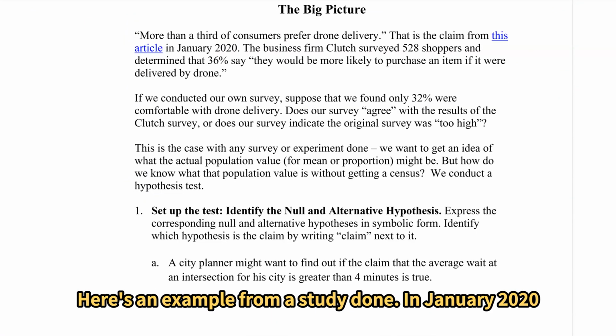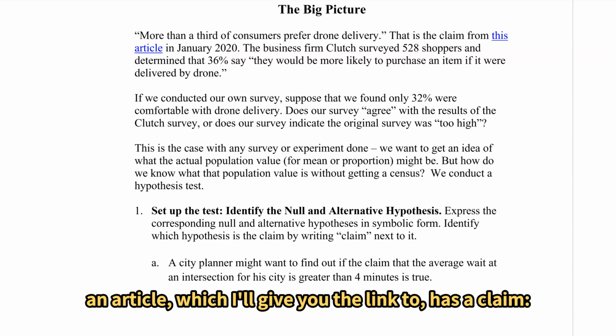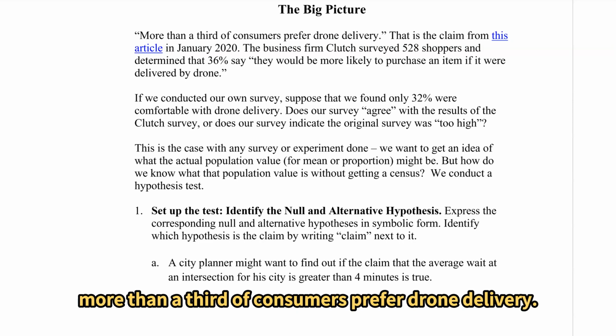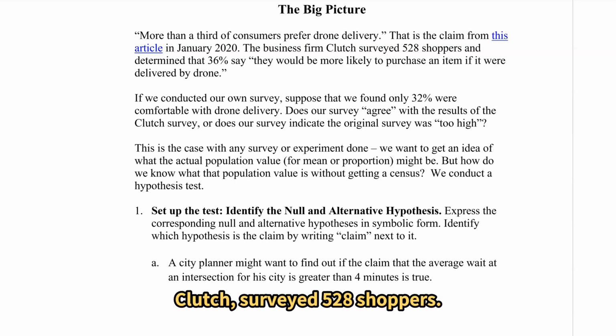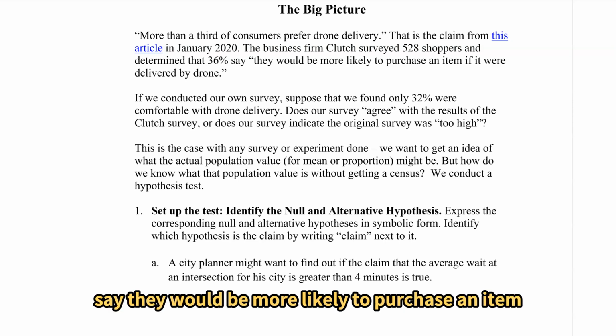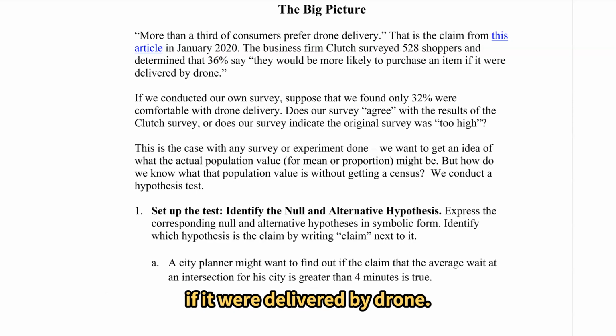Here's an example from a study done. In January 2020, an article, which I'll give you the link to, has a claim: more than a third of consumers prefer drone delivery. A business firm, Clutch, surveyed 528 shoppers, and from that survey, they found that 36% say they would be more likely to purchase an item if it were delivered by drone. Here's an example of a hypothesis.